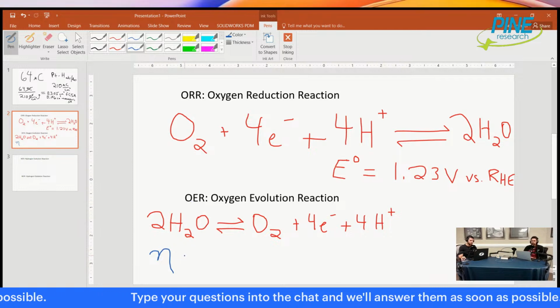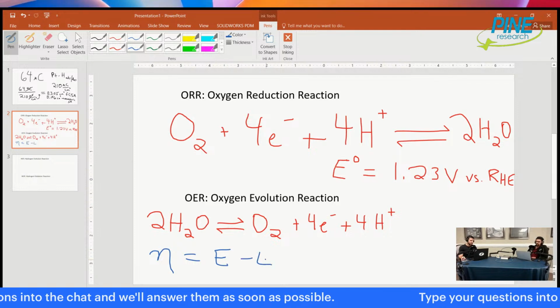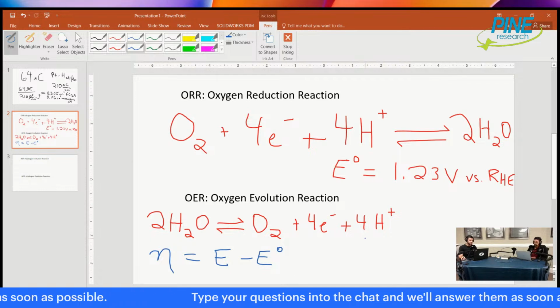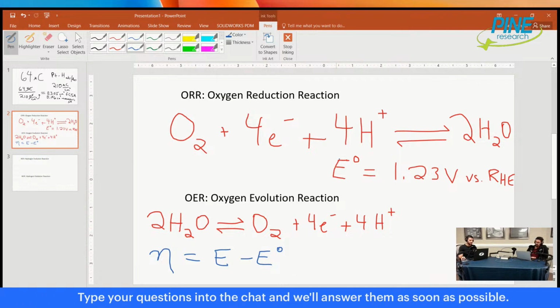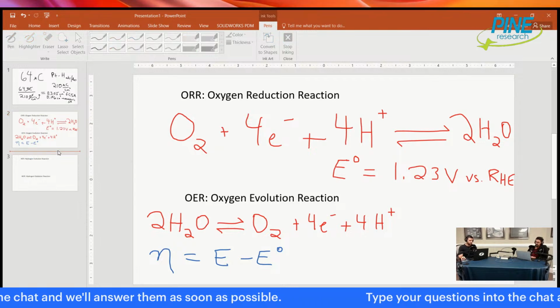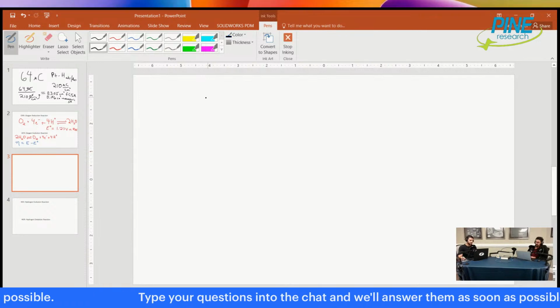So overpotential is equal to E minus E0. Okay. And so what we talk about with an overpotential will depend basically on what we're studying here. And so graphically, very broadly here, I'll just try to illustrate this.